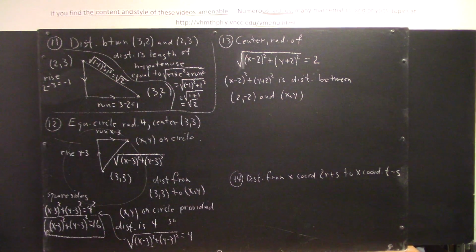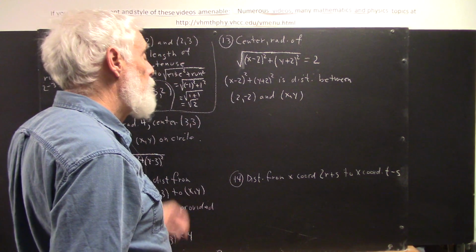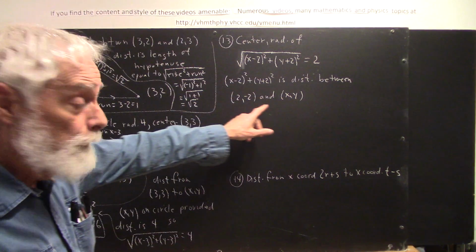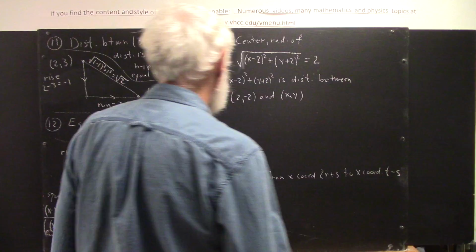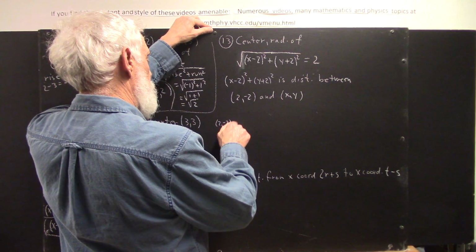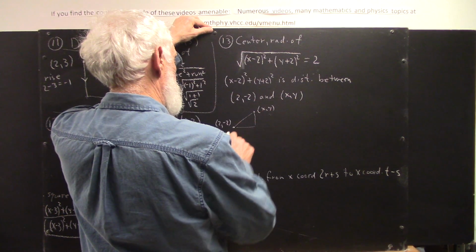Now I want to double check my sheet over here to make sure I'm doing the same equation you think I'm doing. Okay, well, it agrees. I did have the square root there. Okay. So, if you understand what we did here, then you can verify this. So we could put 2, negative 2 here, x, y here, label our rise and run.